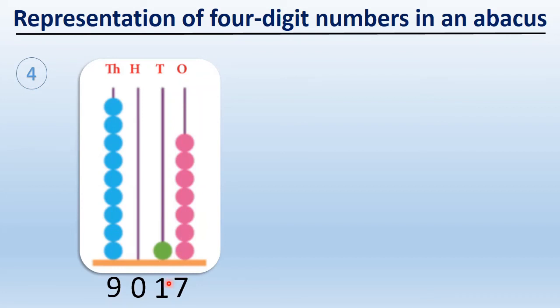The number name of this number is 9017. So here we considered 4 examples to represent 4-digit numbers on the abacus. Similarly, you should write the numbers represented by the abacus which are given in the exercise.